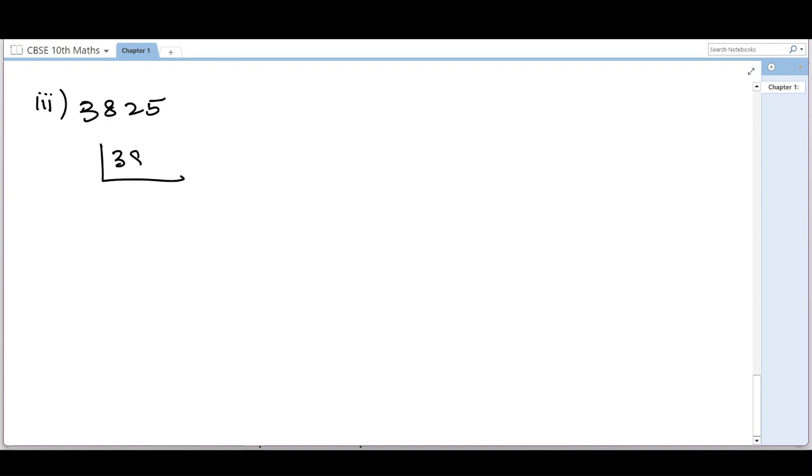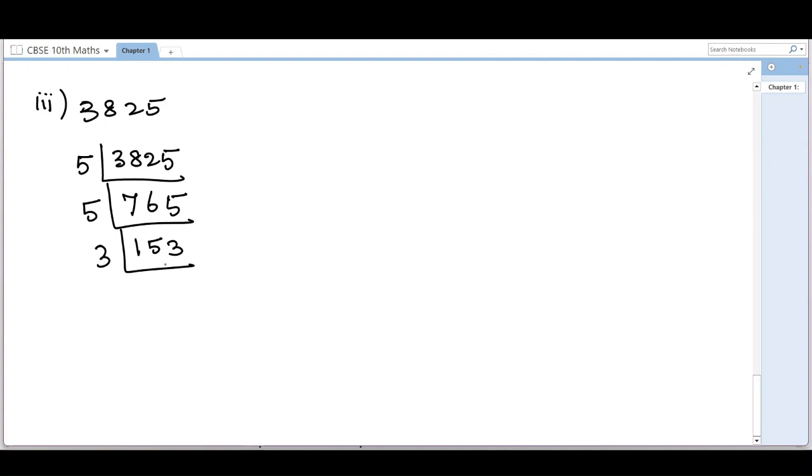I'm going to divide 3825 by 5. Since the last digit is 5, I have chosen 5. If you have the last digit to be 0 or 5, you can start with 5. So when I divide 3825 by 5, I will get 765, and again if I divide by 5, I'll get 153.